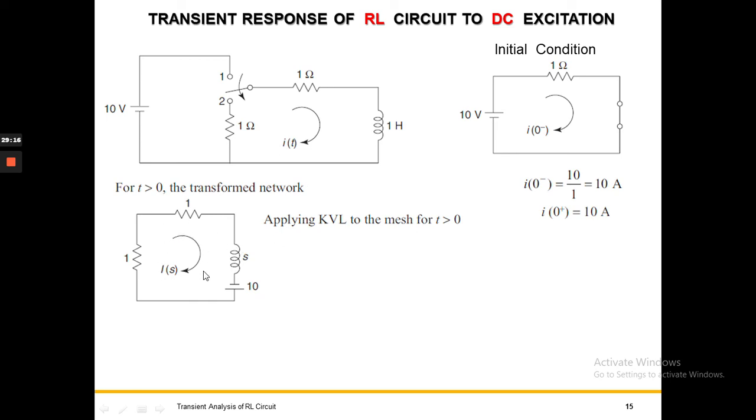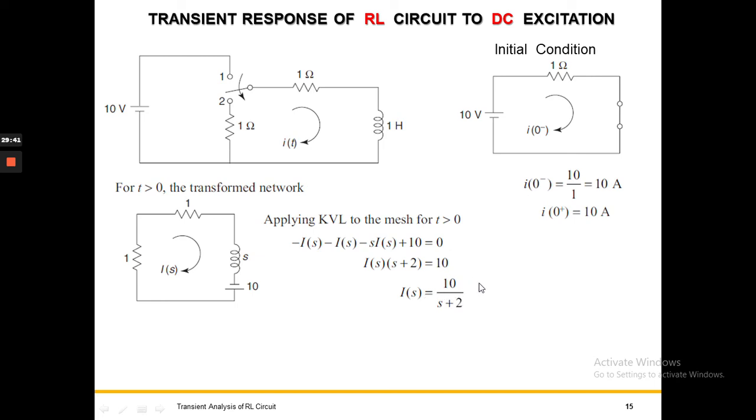It's a frequency domain equivalent circuit of this network after time t is equal to 0. Okay. So write down the KVL. This voltage is 1 into Is, and this voltage is again 1 into Is. Then this voltage is S into Is, and this voltage source. That is what this KVL means. Okay. Simplify it. Get an expression for I of S.